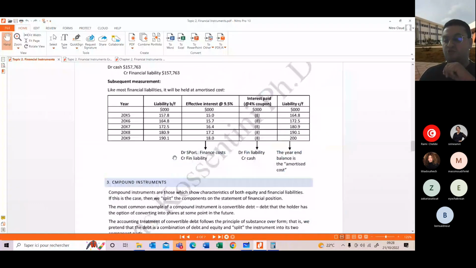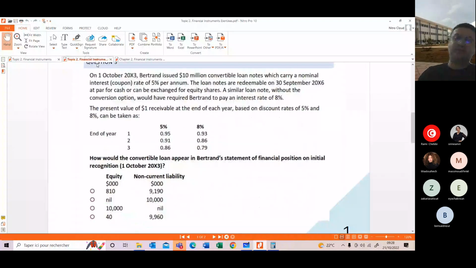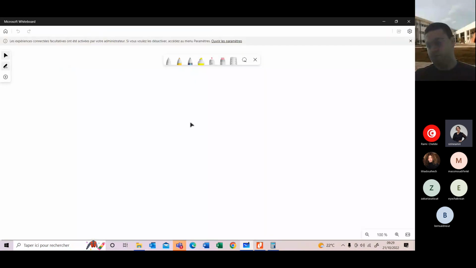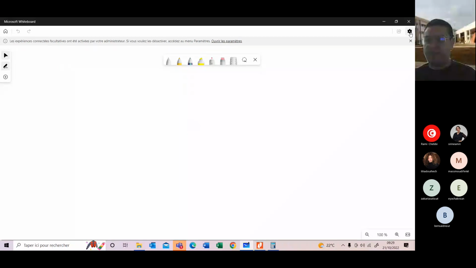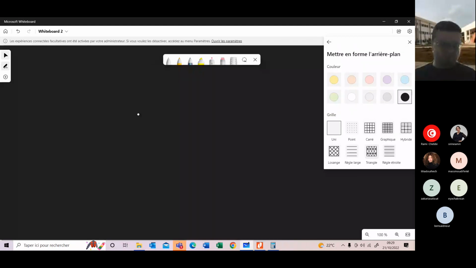It's a compound instrument. Every time you have the option to convert one of the liabilities into equity, of course, it's a compound instrument. So what shall we do for compound instruments? We must calculate the debt component and then calculate the equity option value. Finally, how to compute the equity component and the financial liability component. That's the question.